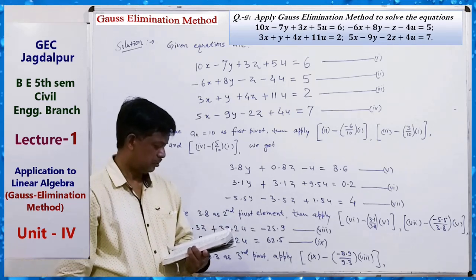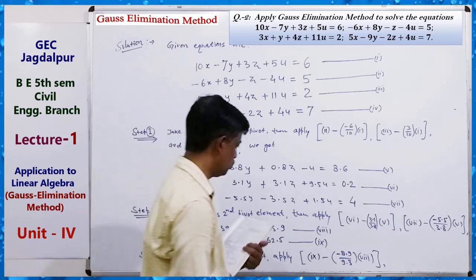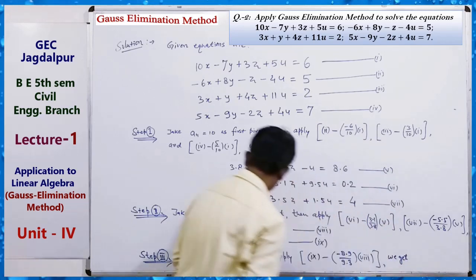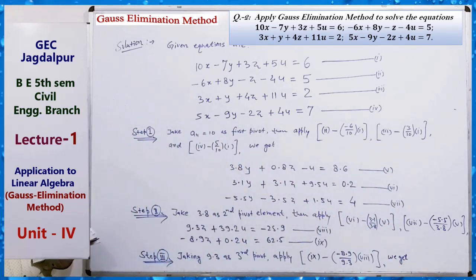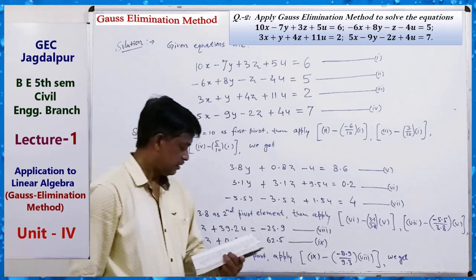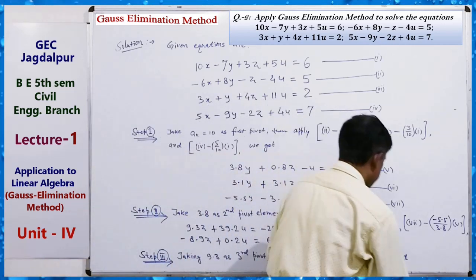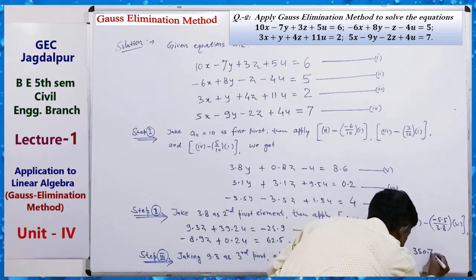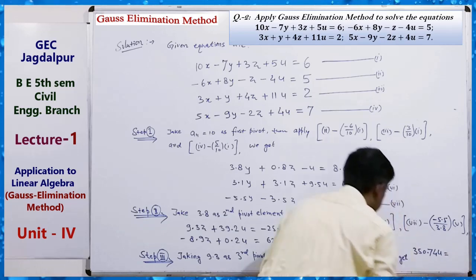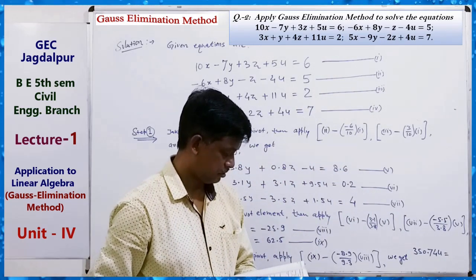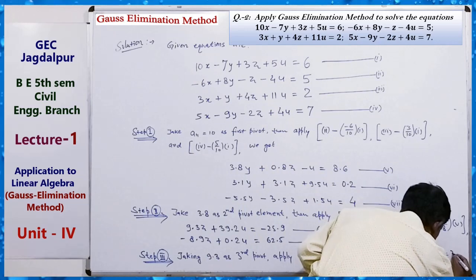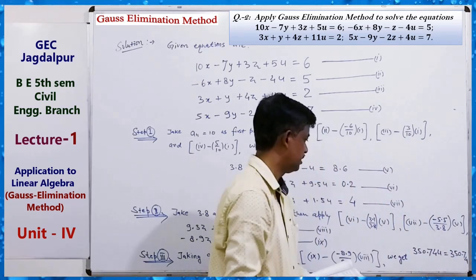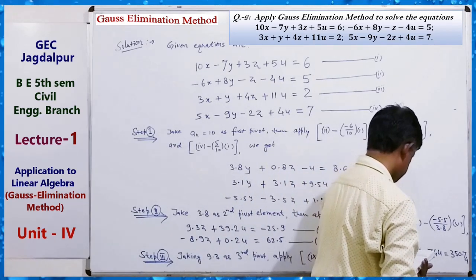That will be the value of 350.74 U equals to 350.74. So this is equation 10.